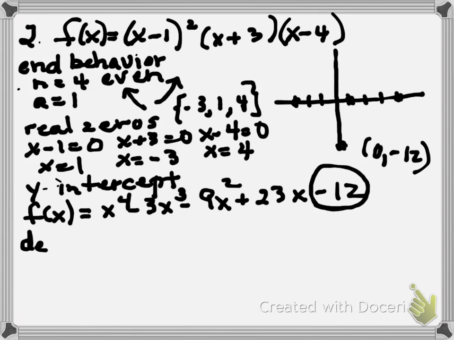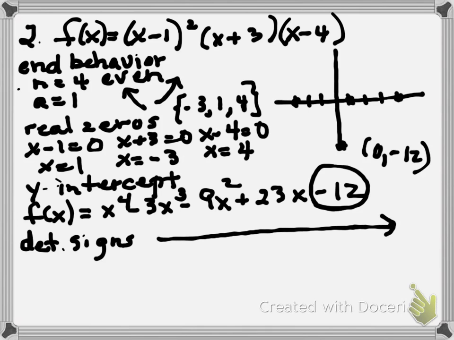Now I want to determine the signs. So it divides the number line into 4 regions: -infinity to -3, -3 to 1, 1 to 4, 4 to infinity.